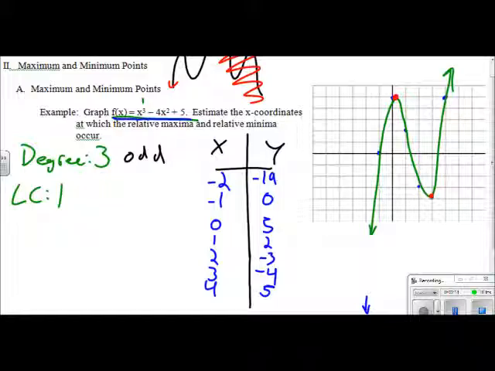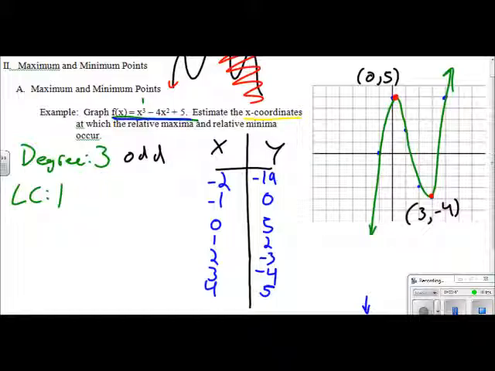So we would say then our relative max occurs at 0, 5. Our relative min occurs at 3, -4. The question was, find the x-coordinates at which they occur.